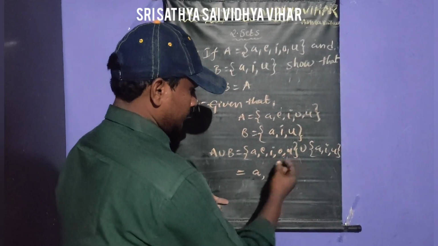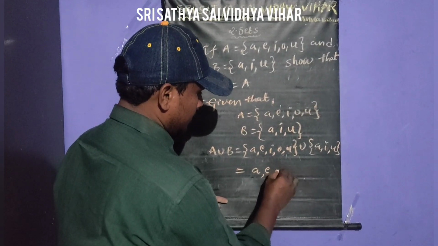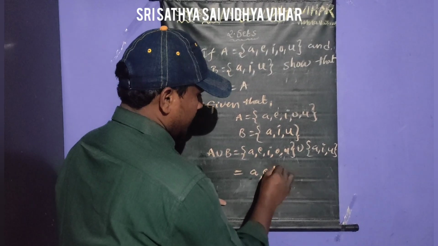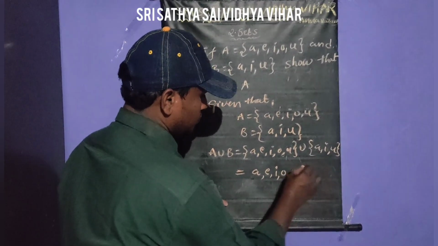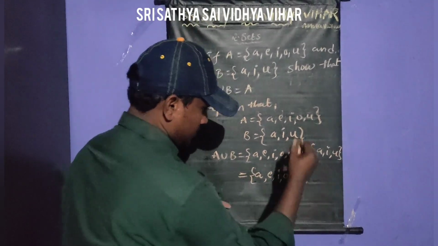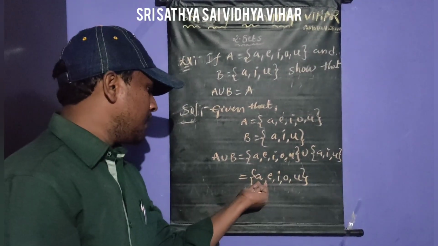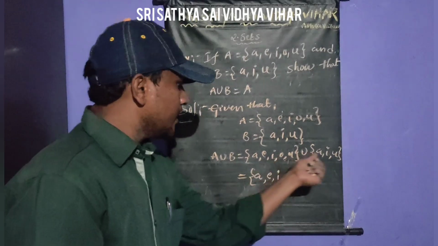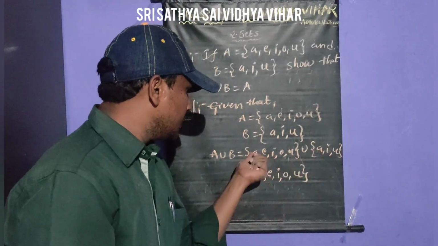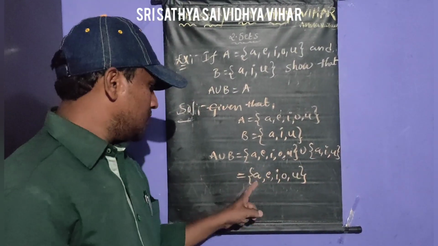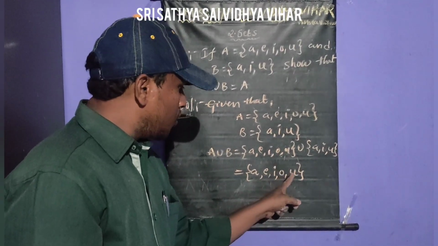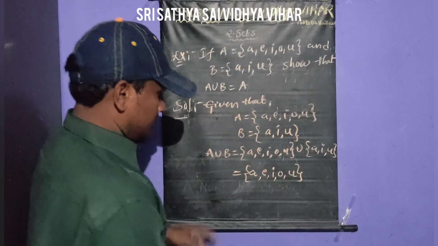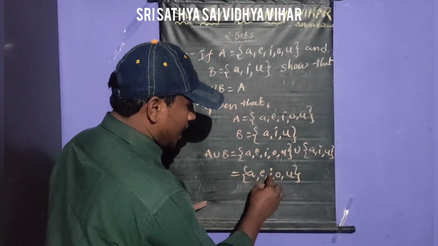A, then remaining, E, I, O, U. A, E, I repeated, also here A repeated, write once: A, E, I, O, U. That is equal to {a, e, i, o, u}.